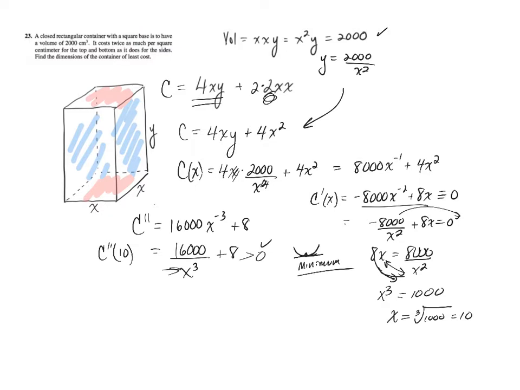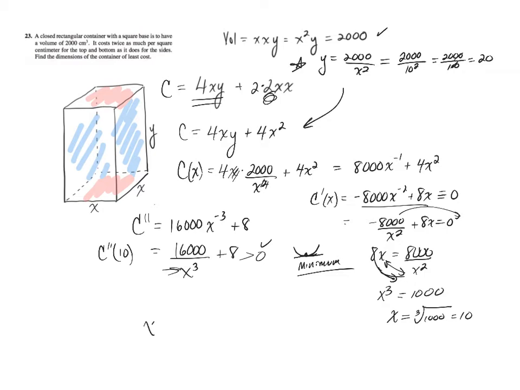The only thing we do need to do now is get the dimension for the vertical piece. And we can go back to our original equation where we had a value for y, which was 2,000 over x squared. So we can say that's 2,000 over 10 squared, which is 2,000 over 100. And we can cancel out a couple zeros and get y is going to be 20.